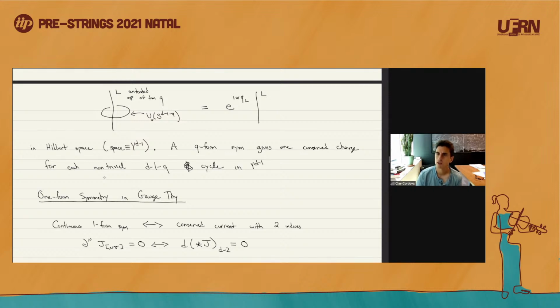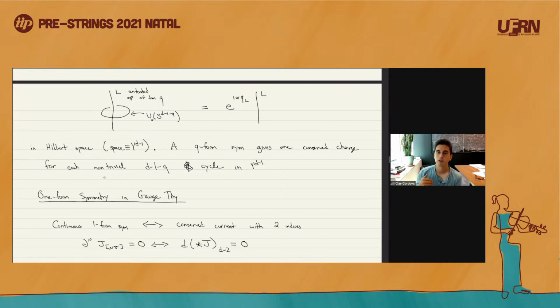Q equals 0 is an ordinary symmetry. A continuous ordinary symmetry gives us one conserved charge for each non-trivial (d-1) cycle in Y_{d-1}. Since the dimensions match, the only non-trivial cycle is Y itself. So there's one charge.